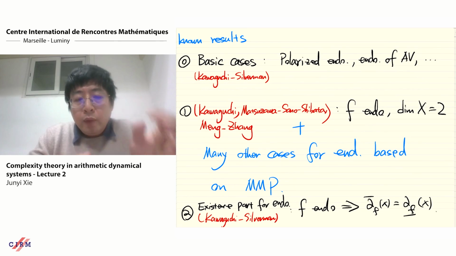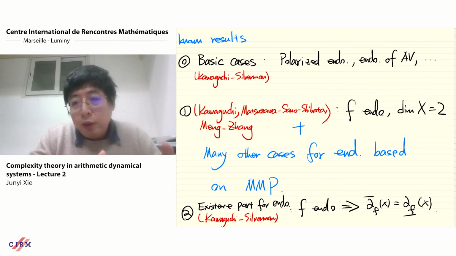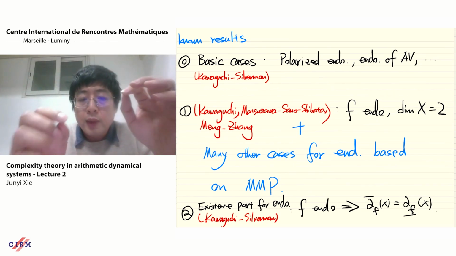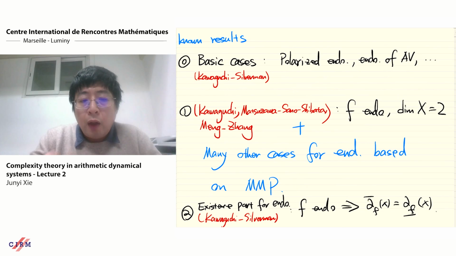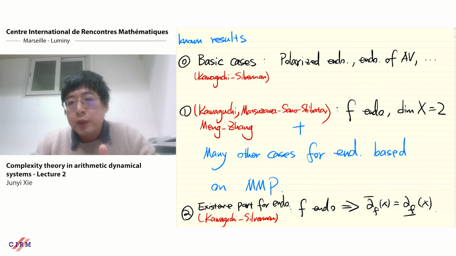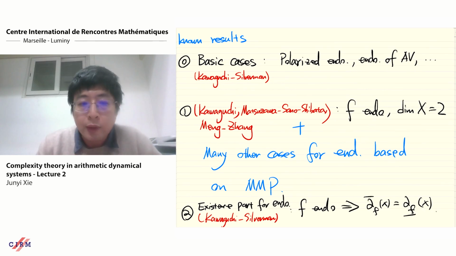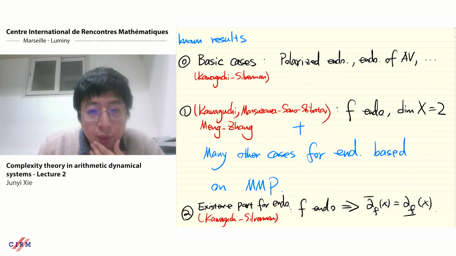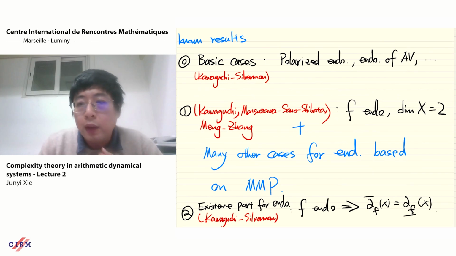And they also get many other cases. I think the surface case and some other cases are all done this way: you need to run the minimal model program and try to reduce f to the basic case. So you try to reduce this dynamical system to some polarized endomorphism, some endomorphism of an abelian variety, and something like this. So yes, here you have quite a lot of work.